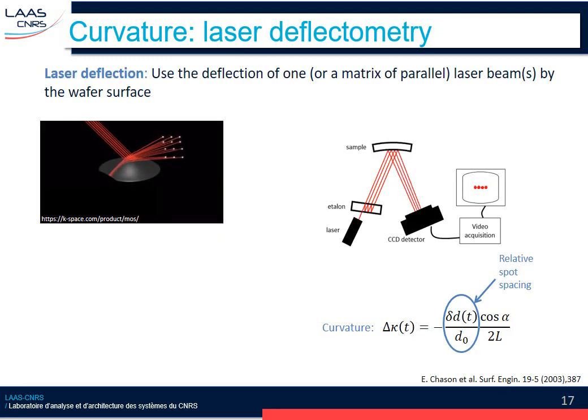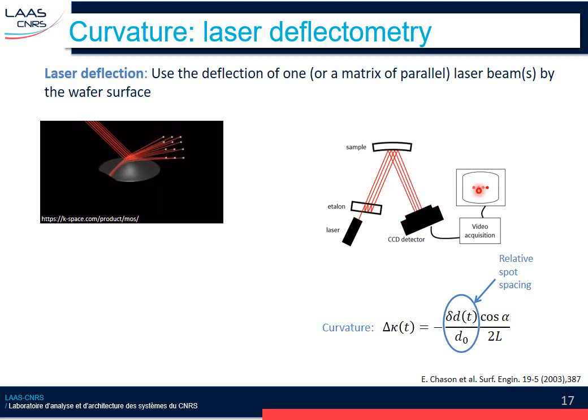Consider laser beams and use a matrix of parallel laser beams. If you shine this matrix onto your wafer, then the reflected beams will be deviated by the substrate, so this is diffractometry, and you will have some laser spots that you can detect with a CCD detector.